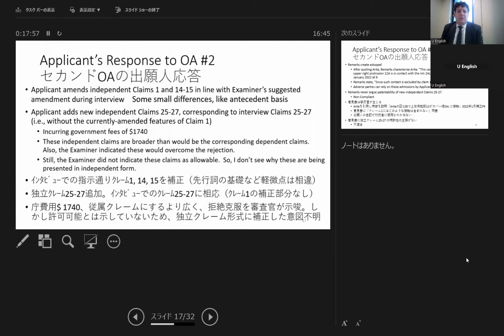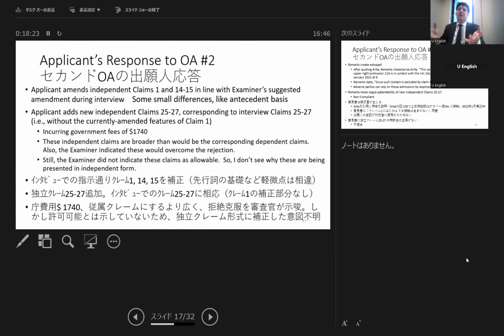Specifically claims 1 and 14 through 15. These are in line with the examiner's suggested amendment. To be clear, there are some small differences, like antecedent basis that was changed, but basically they just said what the examiner said on the previous slide. They also add new independent claims 25 through 27, corresponding to interview claims 25 through 27.